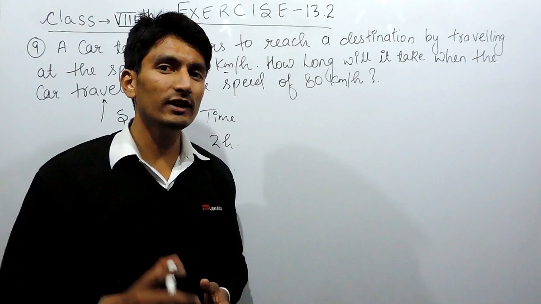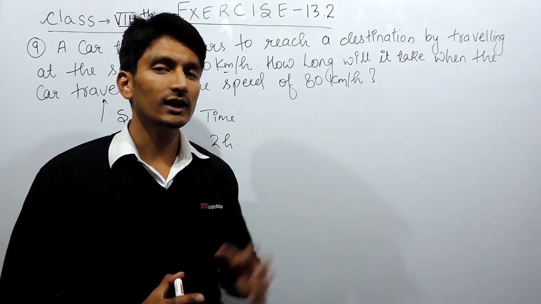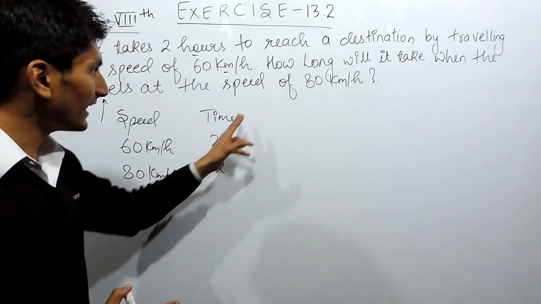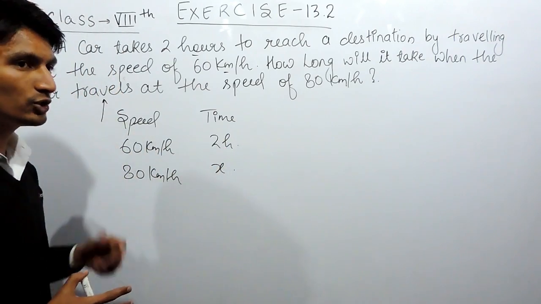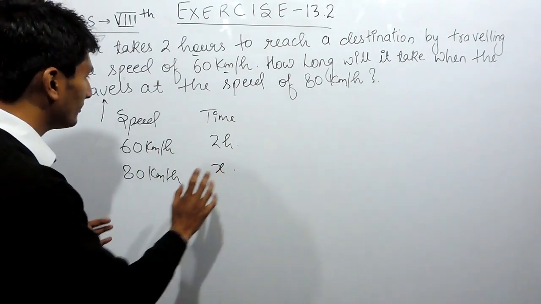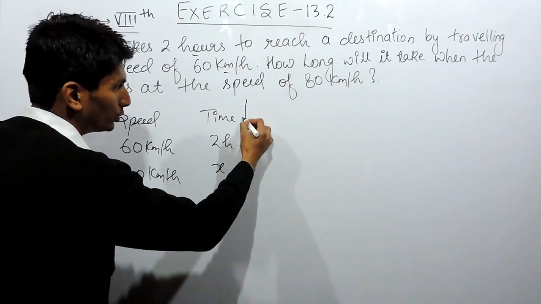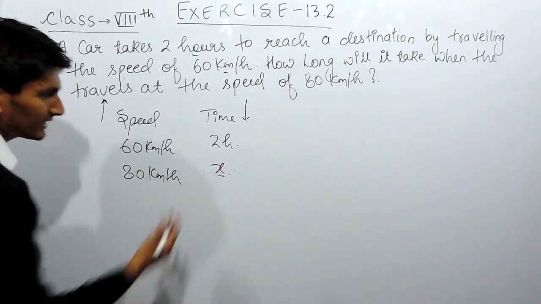Obviously you will increase your speed, then only you will reach the school in time. So when the time is less, you have to increase your speed. So obviously this is a case of indirect proportion, where when the speed is increased, the time taken by you to reach your school will be less. So this is an inverse proportion.